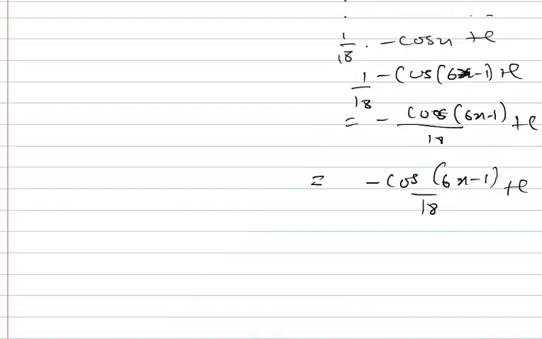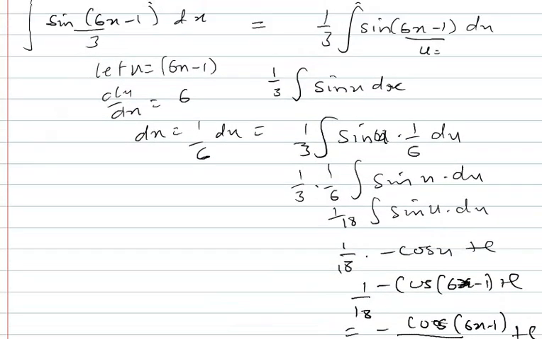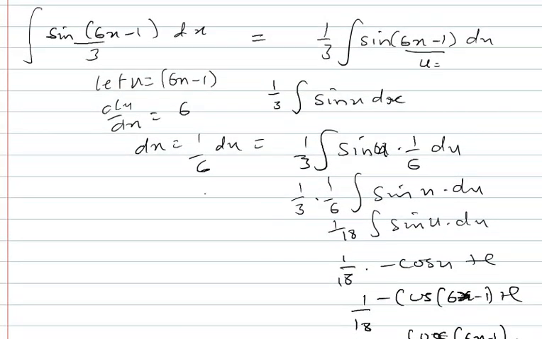So the shortcut method is very easy. Just take the question: sine of 6x minus 1 all over 3, then dx. To do the shortcut, we have 1 over 3 outside from the beginning.